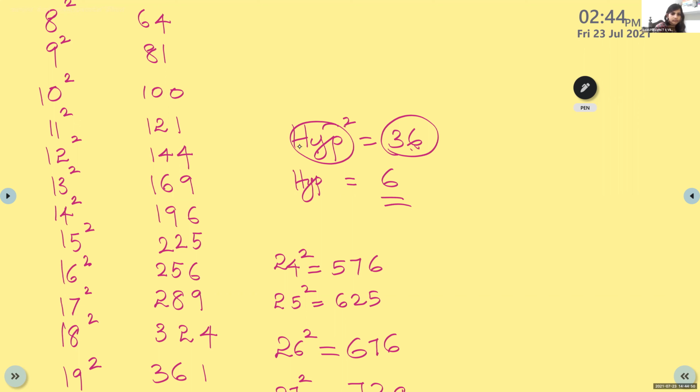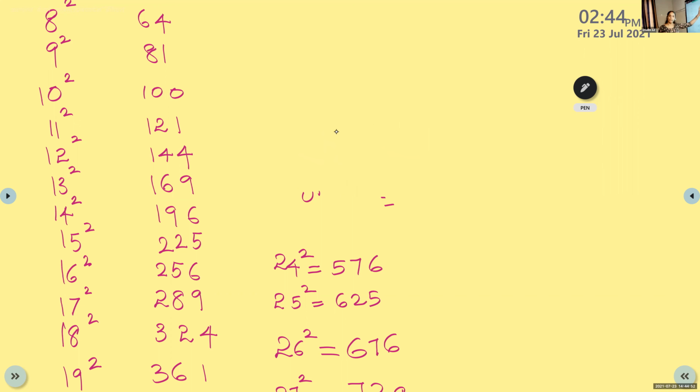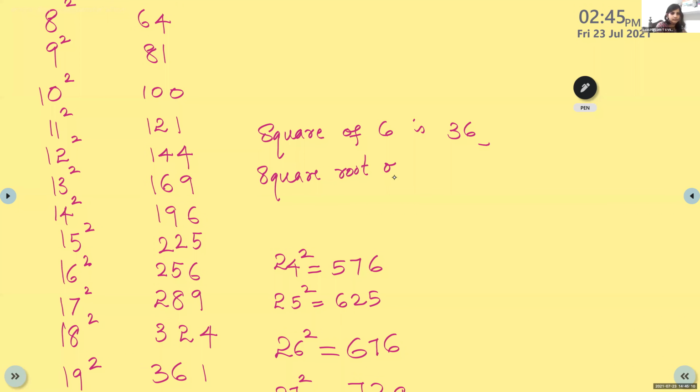So here, children, when we studied Pythagoras theorem, we have learned about square numbers. If the square of 6 is 36, then the square root of 36 is 6.